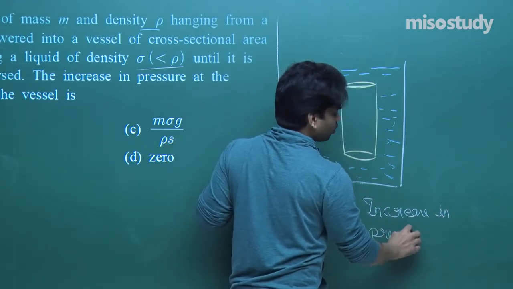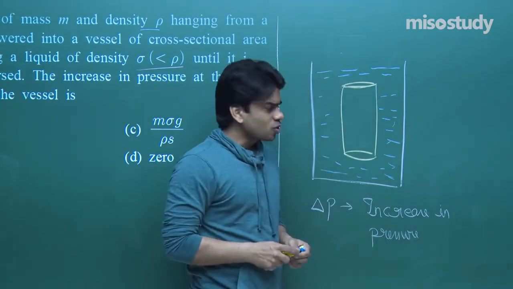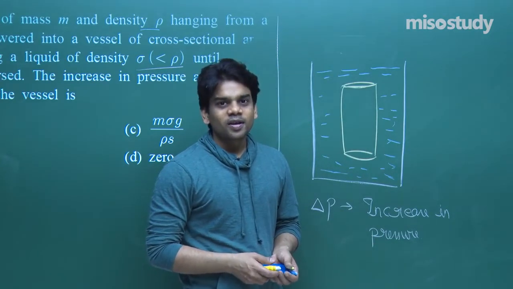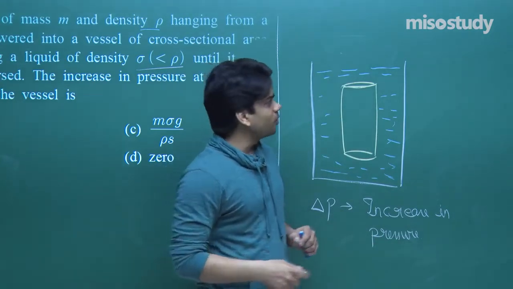So pressure is equal to force upon area. So how much force is exerting? It's not touching the bottom, but still we need to find out how much force it's exerting. First of all, let me find out the buoyant force that will be acting on it.